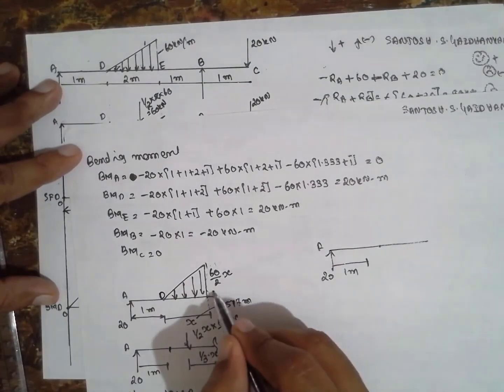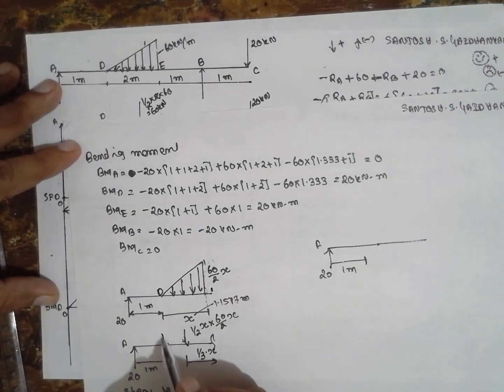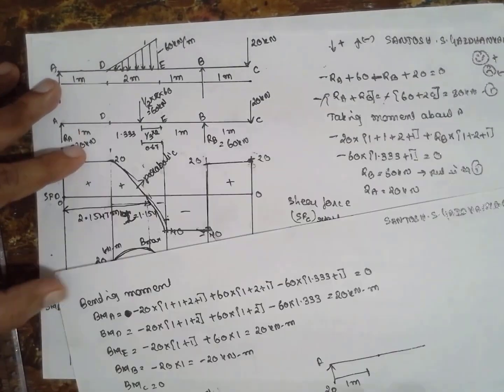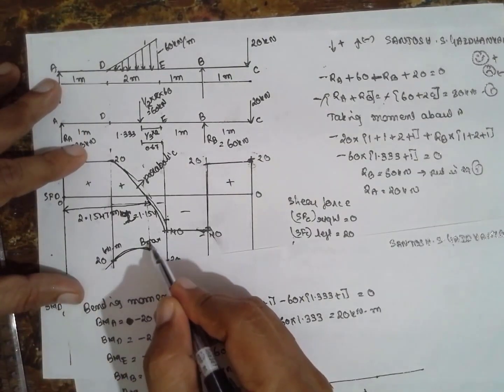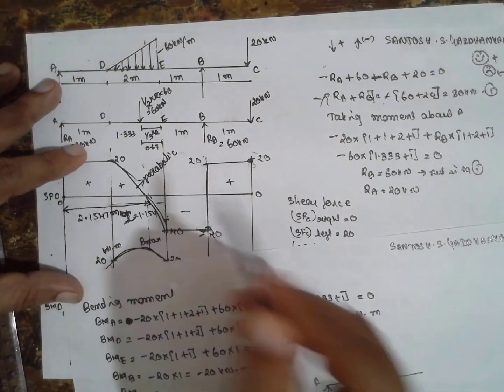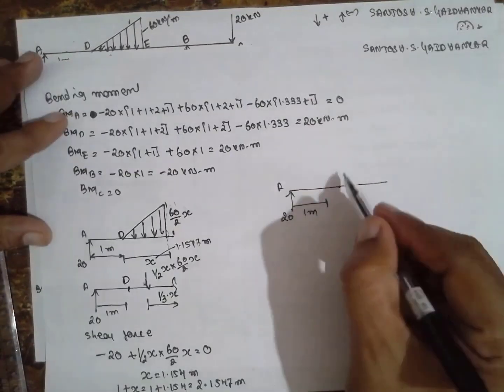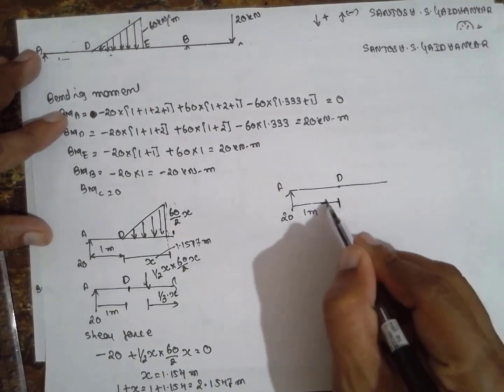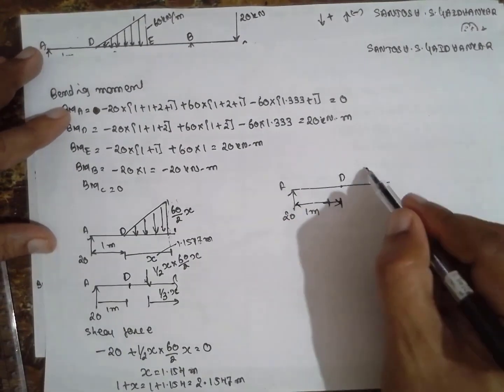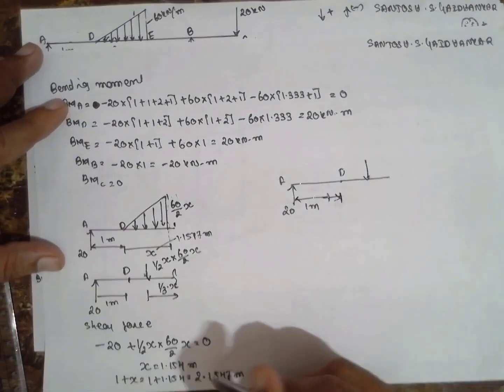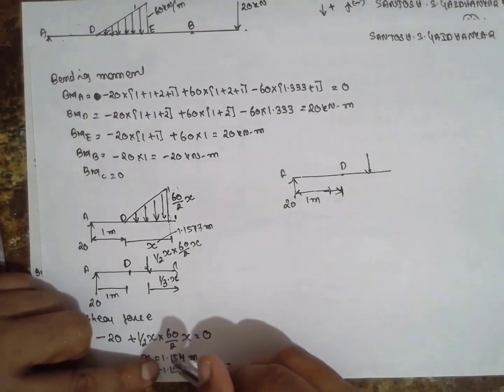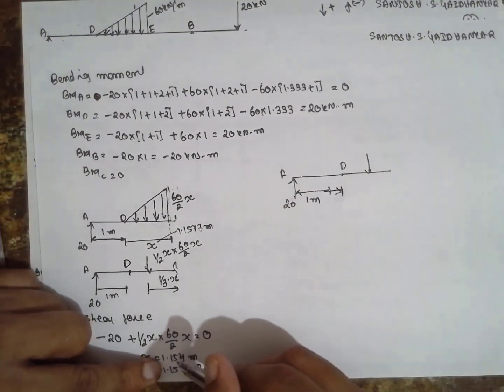This D is unknown for us because we have to find out the maximum here. There is a line cut from positive to negative. D here, 1 meter. Now here we got the x value, 1.154.